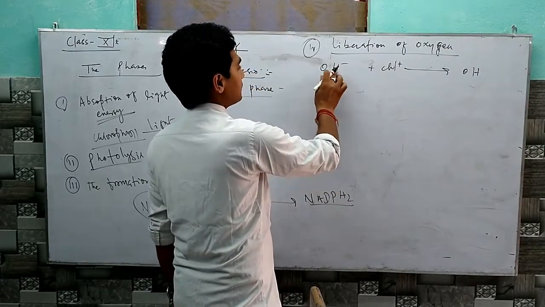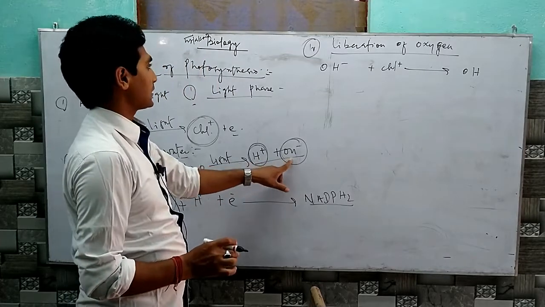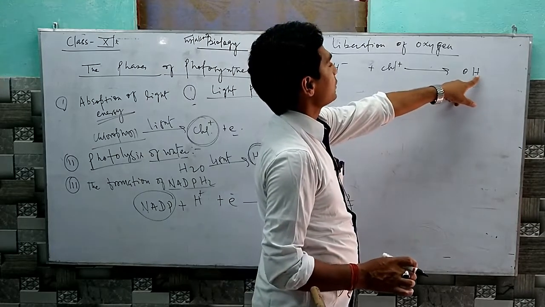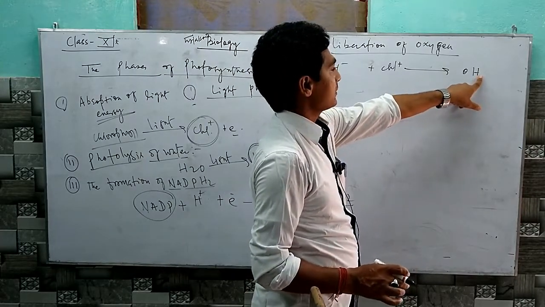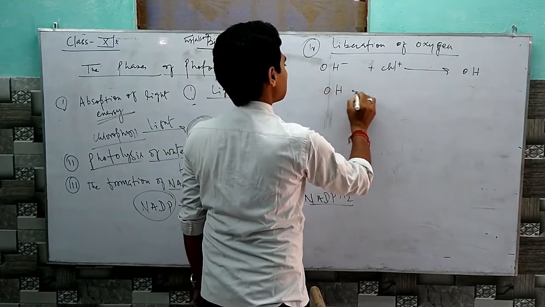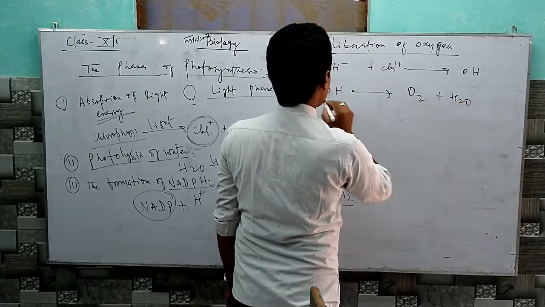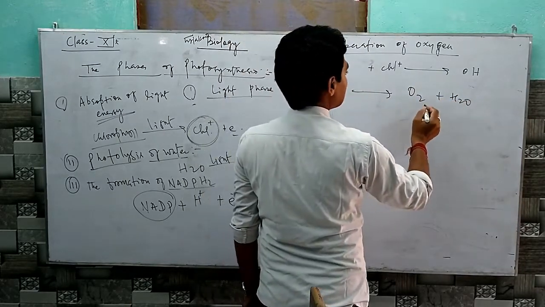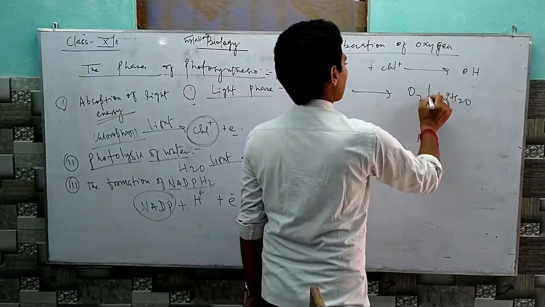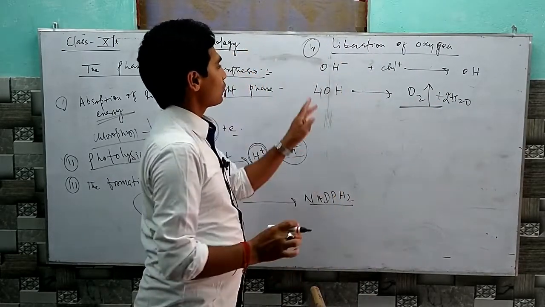Then the OH obtained from the photolysis of water is oxidized by the chlorophyll molecule to form hydroxyl, and OH once condensed forms O2 plus H2O. Here 4OH gives 2H2O plus O2. Thus, the liberation of oxygen gas during photosynthesis is from water.